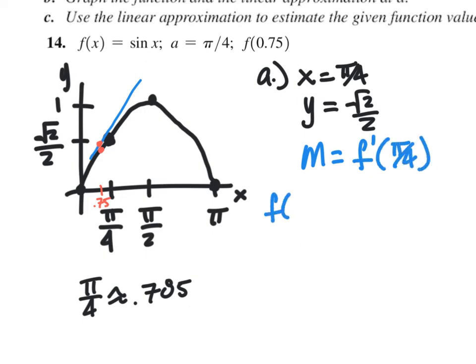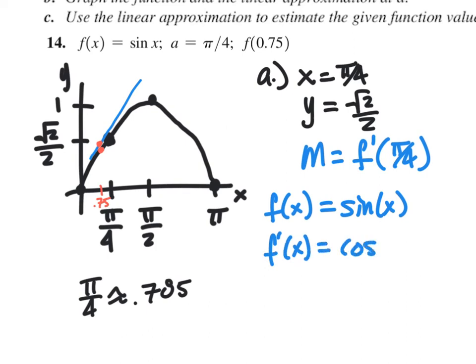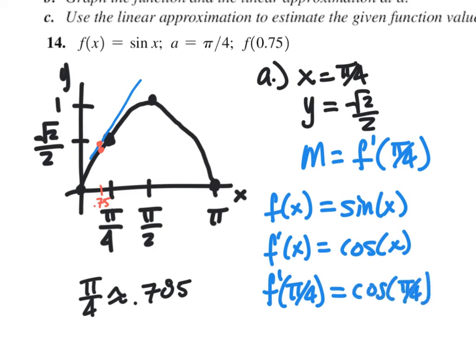So if f of x is equal to sine of x, then I know that f prime of x is equal to cosine of x. And so what I want to do is find f prime of pi over 4, which gives me cosine of pi over 4, which is going to give me just the square root of 2 over 2.